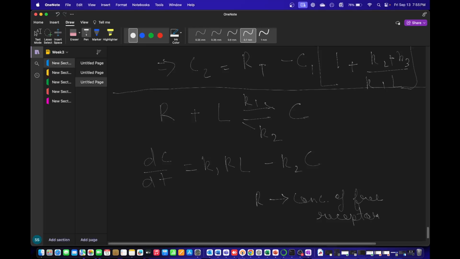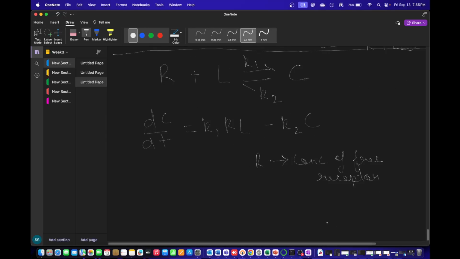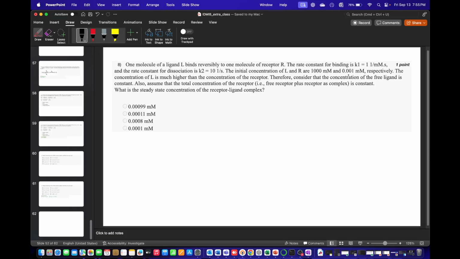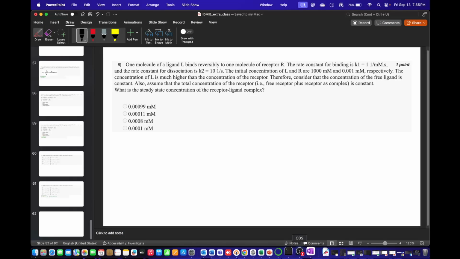And the initial total concentration is given as 0.001 millimolar.